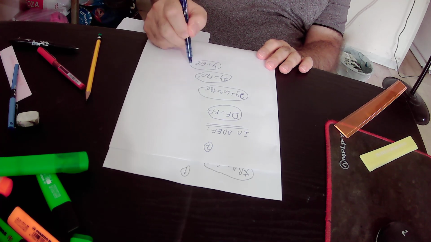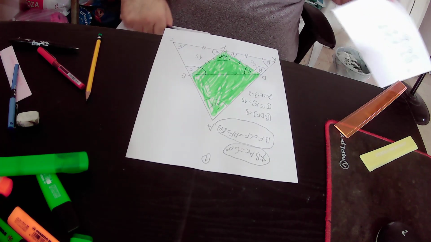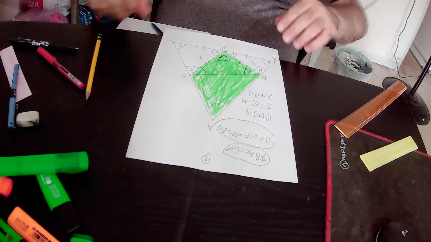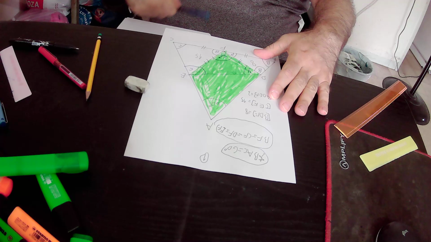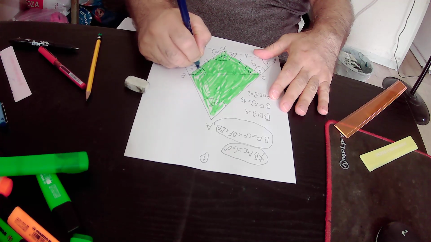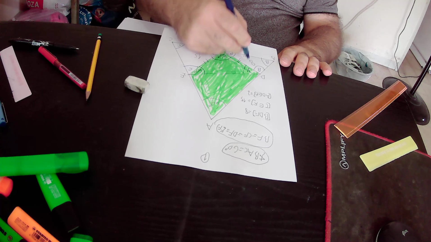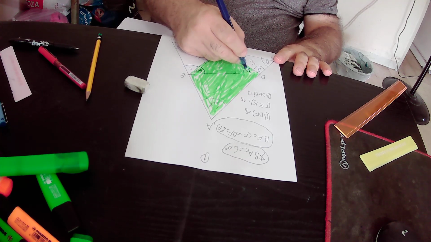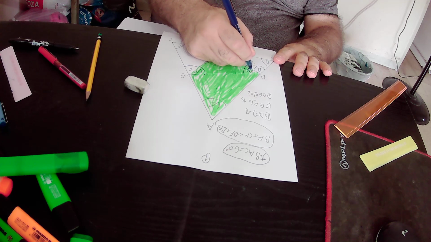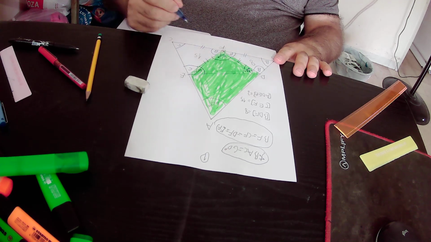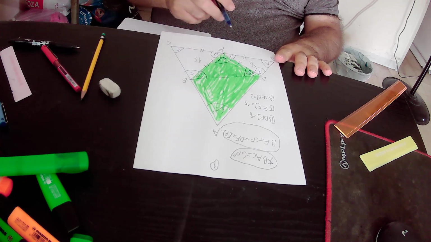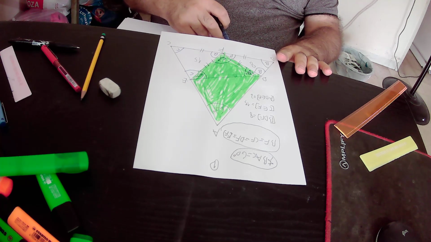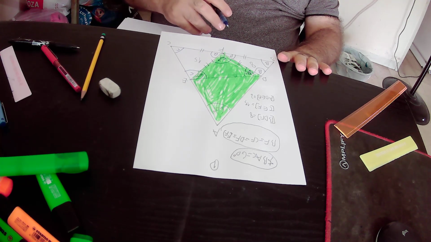So the size of angle Y is 60 degrees, and also this angle Y equals 60 degrees. So we actually found out that triangle DEF is an equilateral triangle because all its angles are equal to 60 degrees.